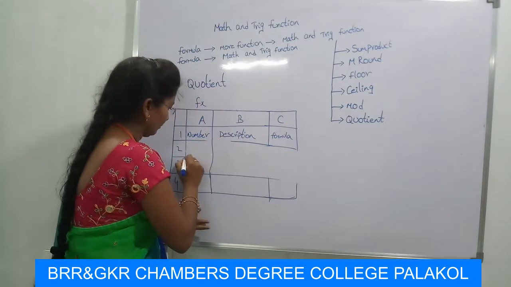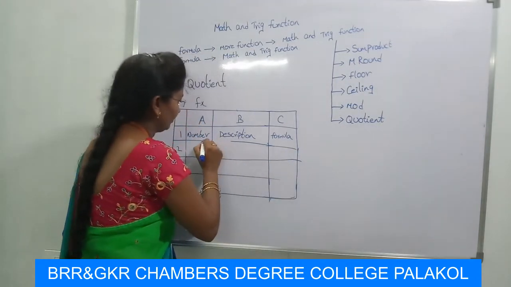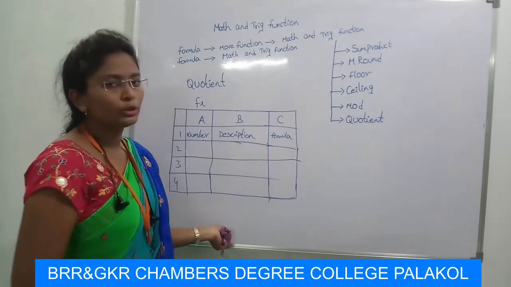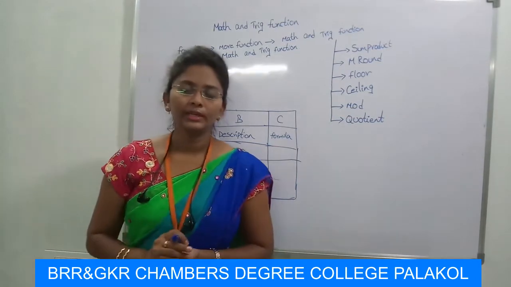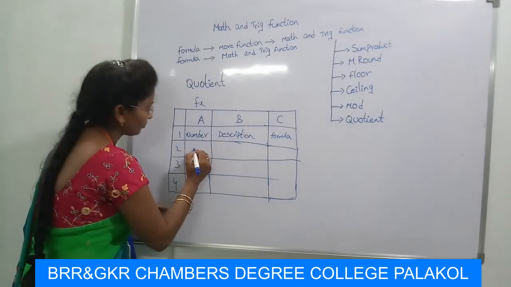Again I am taking the rows and columns. And for quotient I have to enter some data. In numbers I am taking 5 and 10 here, and the divisors 2 and 3.